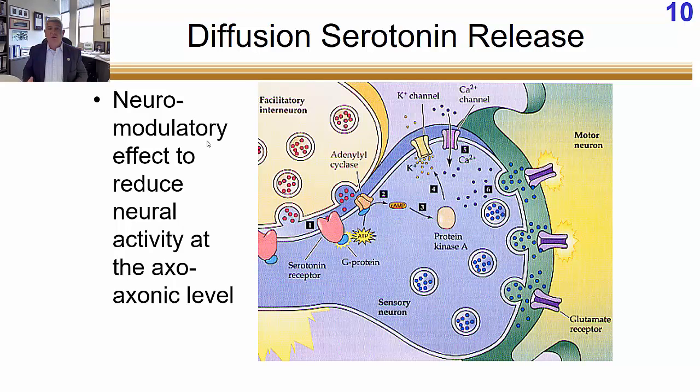One particular example of how serotonin can have a neuromodulatory effect is shown here, where serotonin can have an axo-axonic, axon-to-axon connection through a second messenger, through a metabotropic receptor, activate a G protein, which causes an increase in protein kinase A, which can then close a potassium channel.